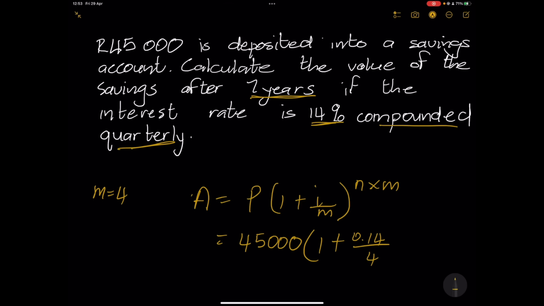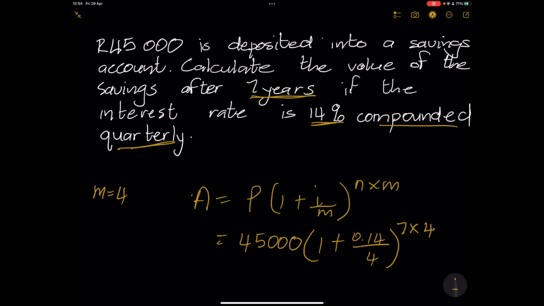So that would be quarterly, that's 4. And in this case, we've got 7 years, but remember that we are compounding 4 times a year. So that would be 7 times 4. All right, now we hit those calculators. Of course, I know you're going to assist me on this one.